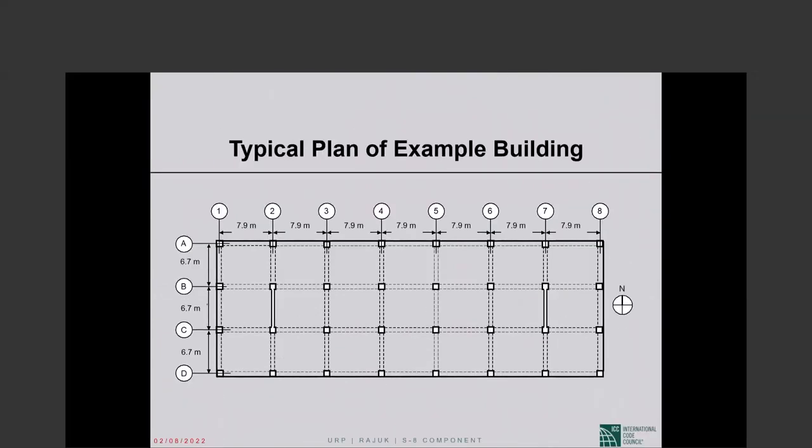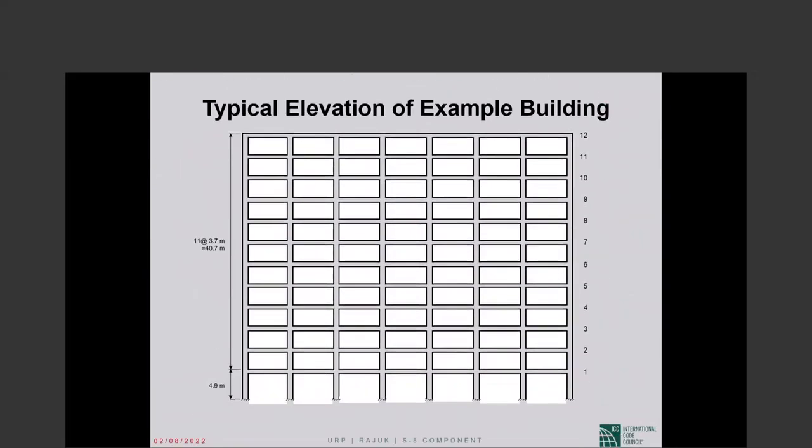What does it mean? This is an example of a pretty regular building, with 7.9 meter spans in one direction and 6.7 meter spans in the other direction. This is the elevation. The bottom story is 4.9 meters, the others are 3.7. There are 12 stories, 11 at 3.7 and 1 at 4.9.